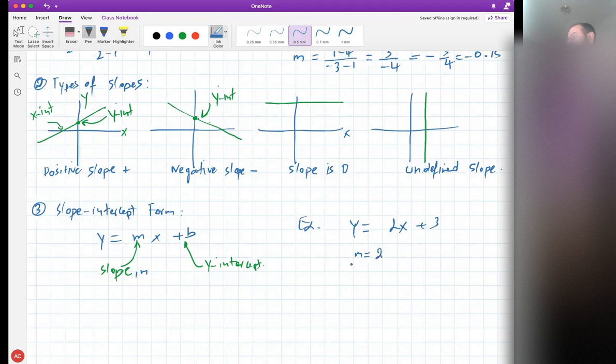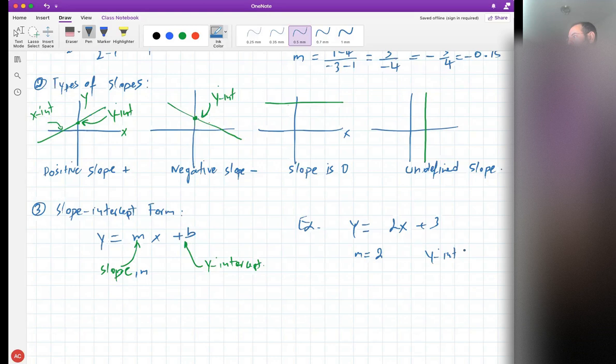That's 2. That's it. You can tell exactly the slope immediately. But if I give you a graph, it may take a lot of time to find the slope. You're going to have to find 2 points, coordinates, plug them in, and so on. And of course, the y-intercept is 3.